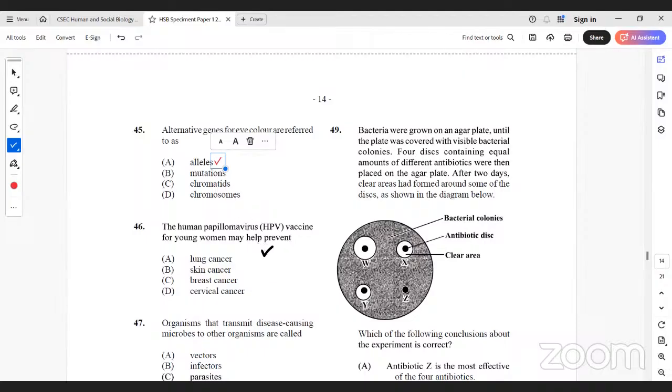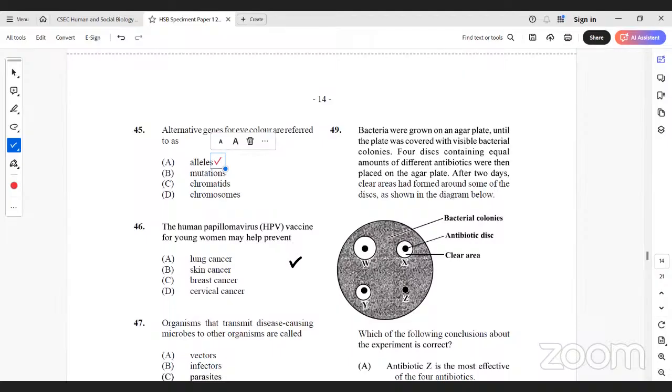Section D is about diseases. So let's do the first disease question and see. HPV vaccine for young women may help prevent what kind of cancer? I hope everyone is thinking human papillomavirus is very much associated with reproductive cancer in women.